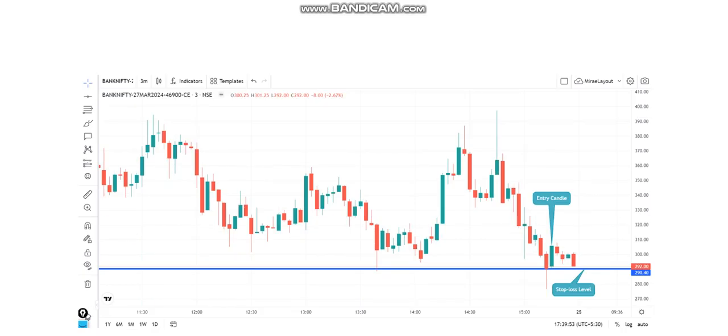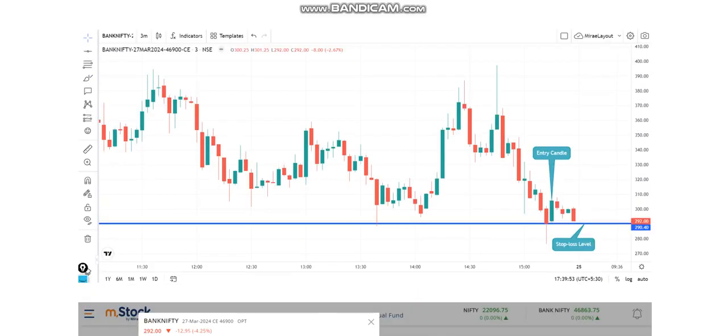SL order examples. Here the stop loss is set at 290.4. The blue candle is the entry candle. This is Bank Nifty 27th March 2024 46900 call security, and the time frame used is 3-minute.